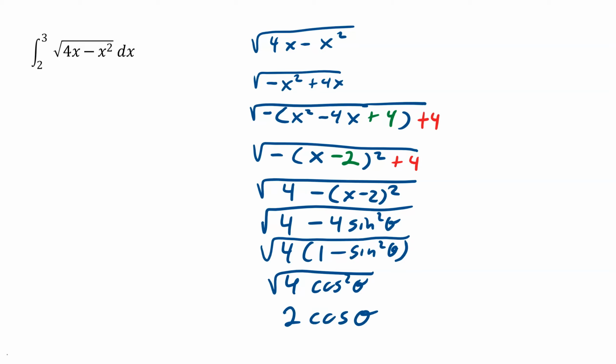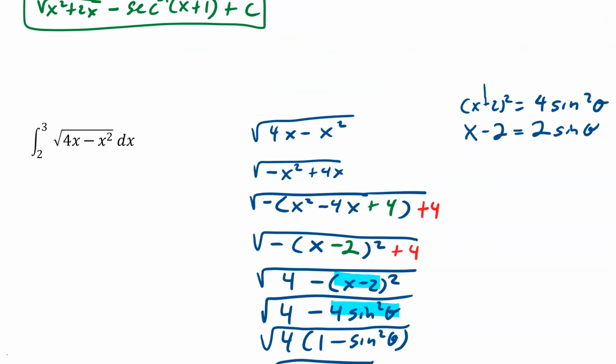And what do we use for our substitution? Well, you just go back to wherever that x minus 2 is, right there, and that becomes this. So we know that x minus 2 is equal to 2 sine theta because x minus 2 squared is equal to 4 sine squared theta.